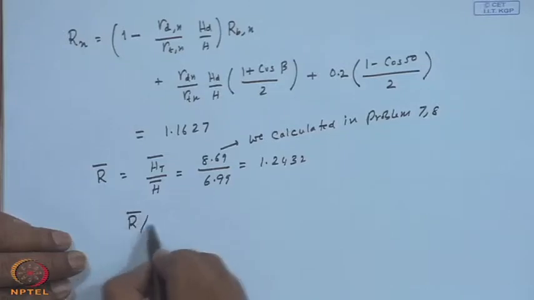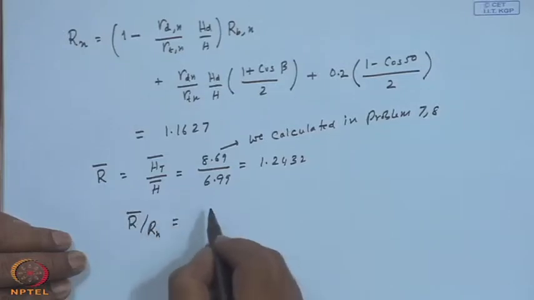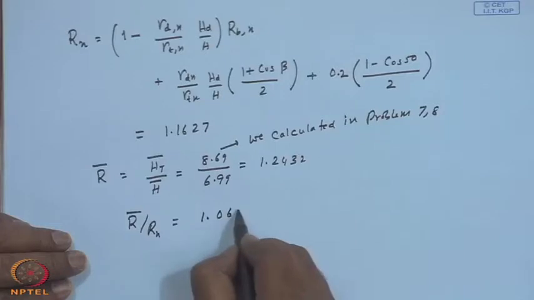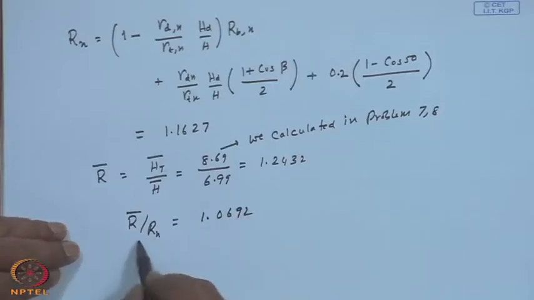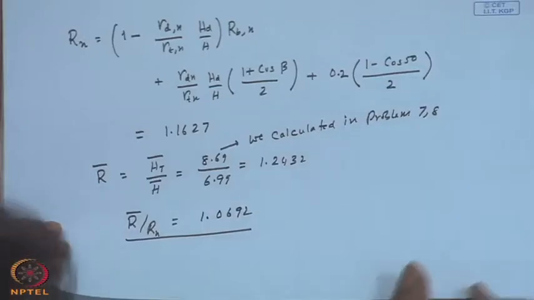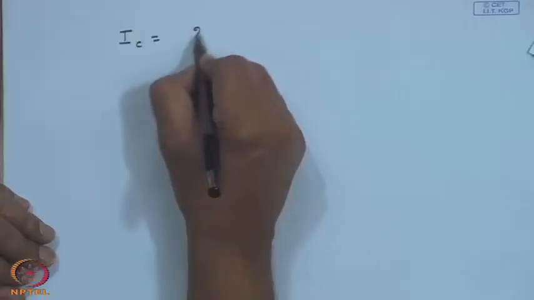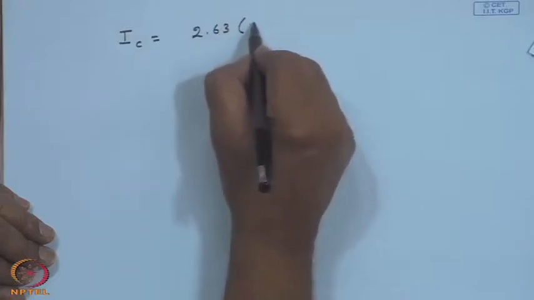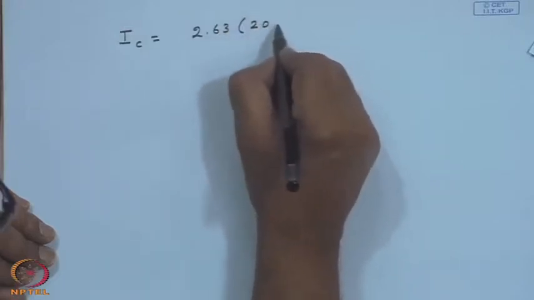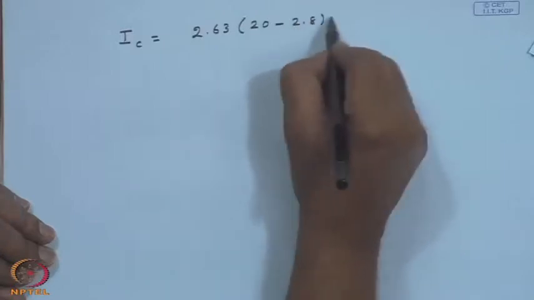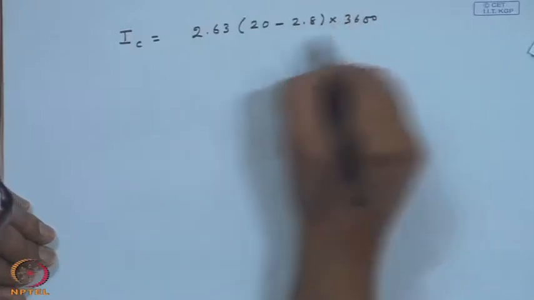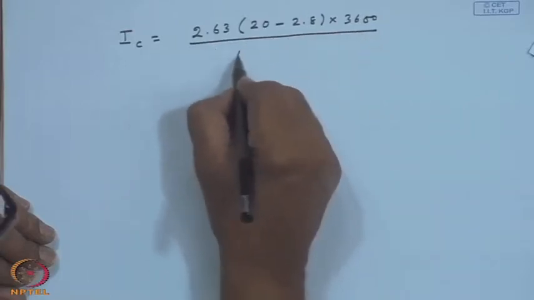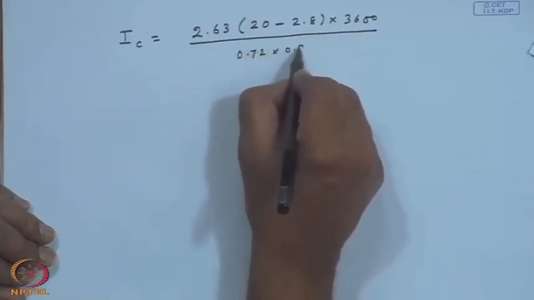So, now R bar by Rn, the ratio required in calculating the monthly average daily utilizability, turns out to be 1.0692. So, we calculated one of the things required. Then we will go ahead with IC, the critical radiation level: 2.63 FRUL into T minimum is now 20 minus T ambient is 2.8 times 3600, the time factor, not to be forgotten, by 0.72 into 0.94.